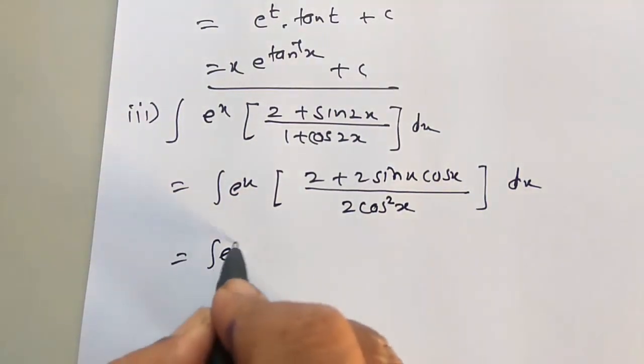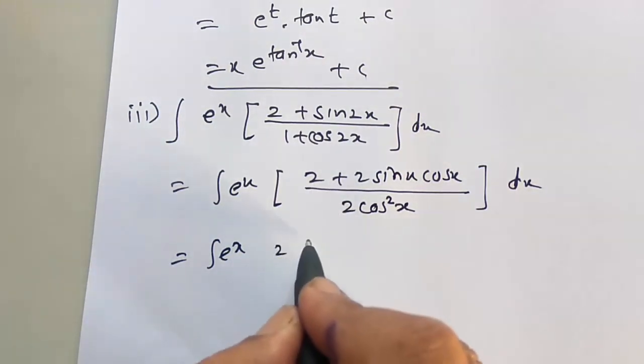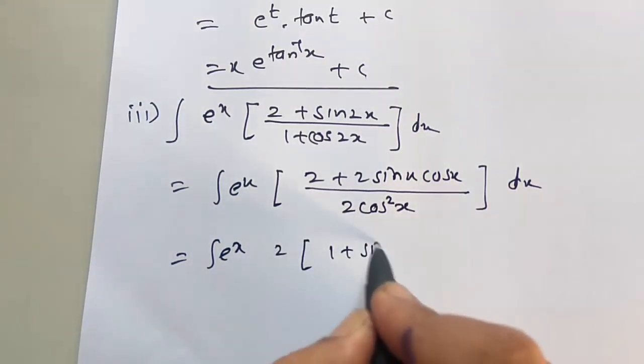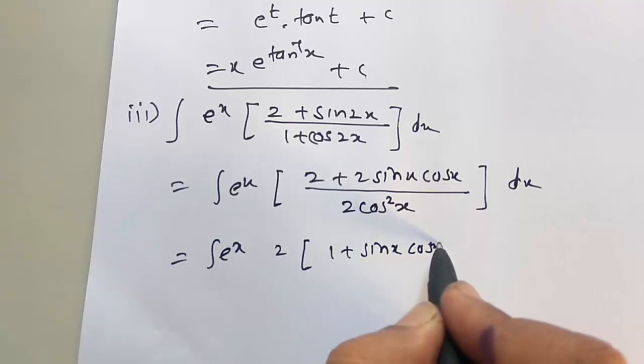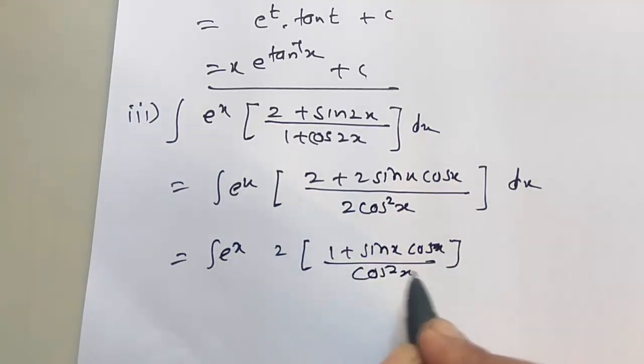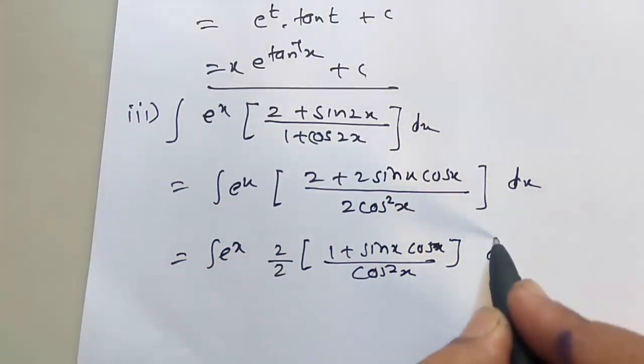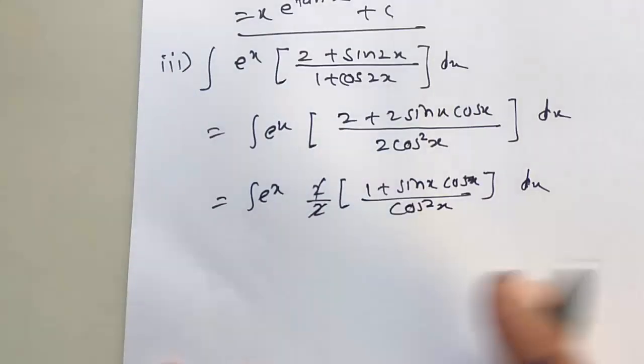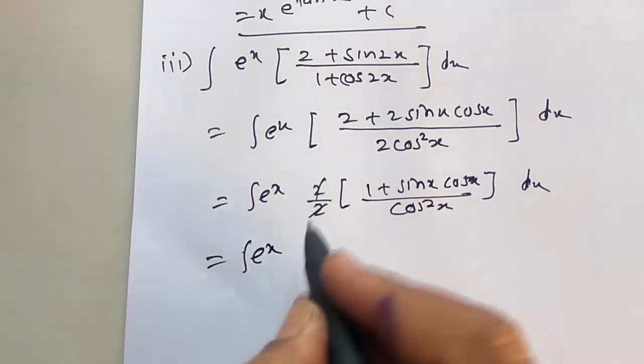We can take 2 common: 1 plus sin x cos x upon cos square x, taking 2 also common, dx. So 2 gets cancelled.